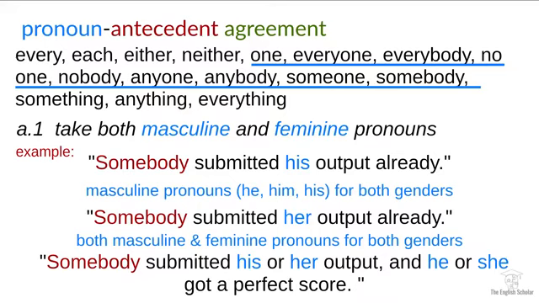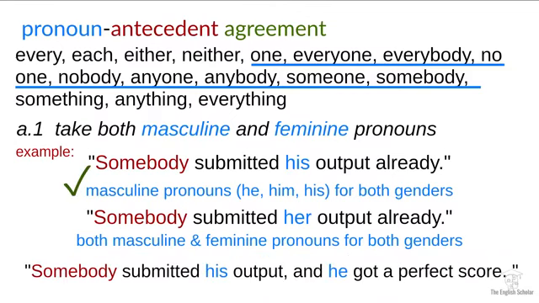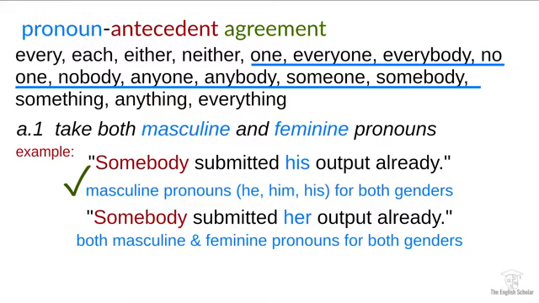So it is better to use pronouns based on just one gender, masculine preferably. For example, somebody submitted his output and he got a perfect score. Sometimes following such rules can be tiresome, so if you notice, a lot of writers or speakers use plural pronouns instead of singular.